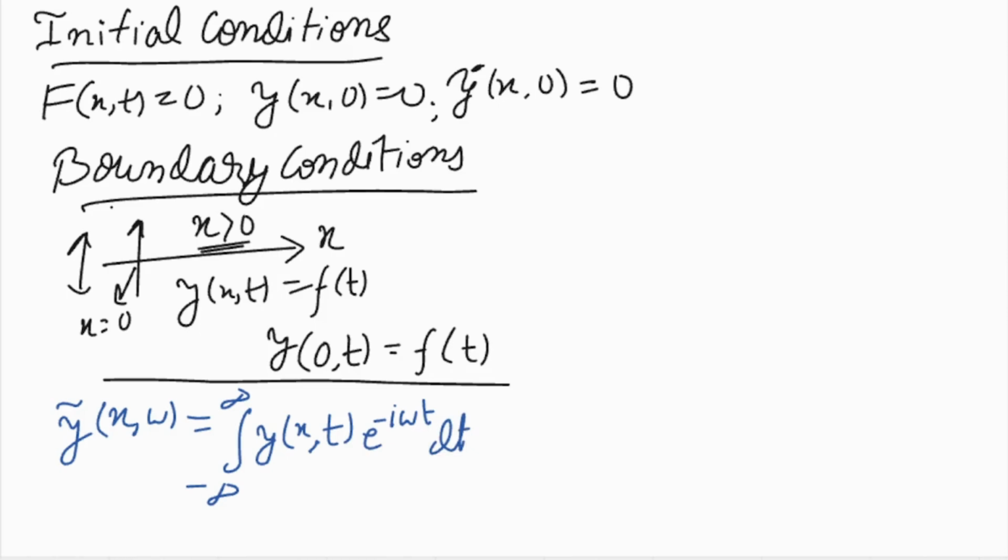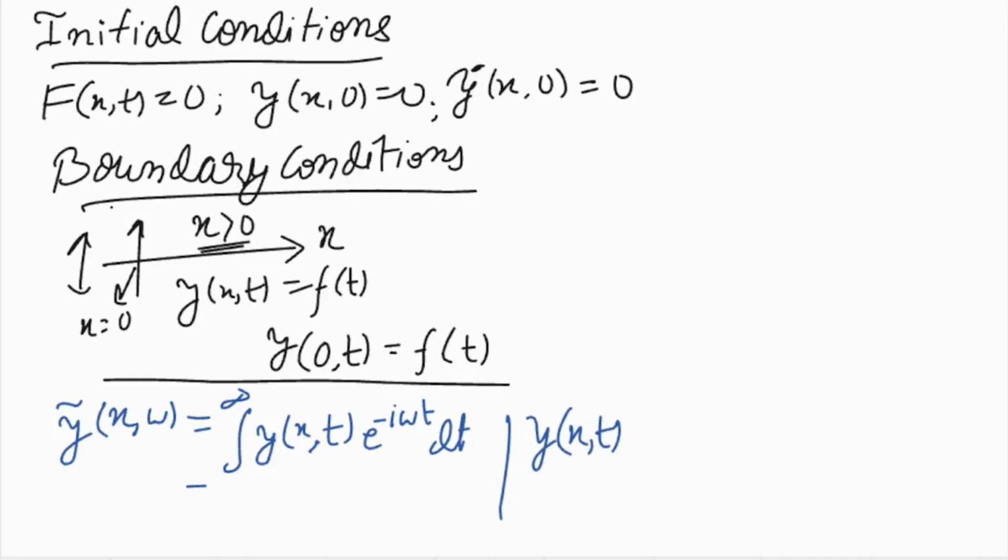So we define a Fourier transform of any function y of x comma t as this thing. And there is also the Fourier inverse that would give us the actual function from the Fourier space. My stylus is betraying, I can see. Yeah, now it's okay.